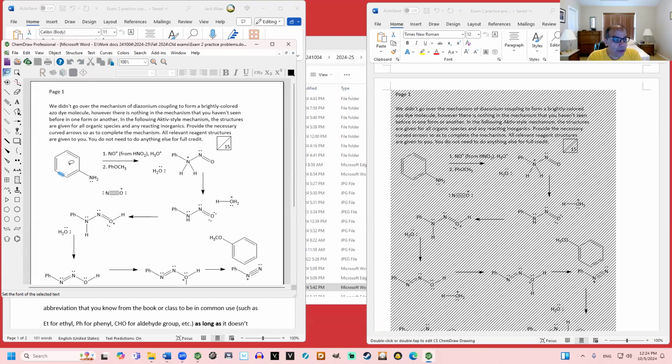If you compare what we're starting with here, we're starting with aniline and the NO plus ion. What we're ending with is basically the newly formed nitrogen-nitrogen bond. You can see the NH2 of the aniline has become NH2 plus, and we've lost the triple bond between nitrogen and oxygen, and now have a neutral oxygen atom. Looking at it, I kind of wish I had drawn the lone pairs on oxygen.